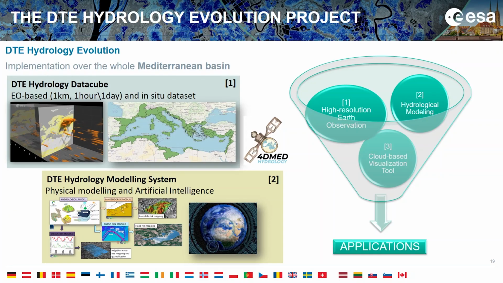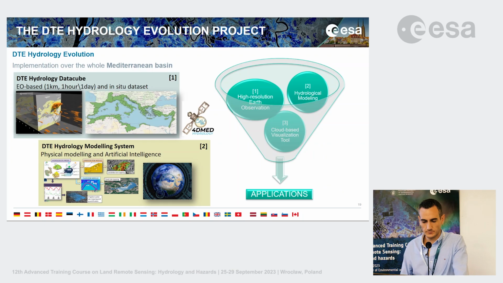I'll try to be a bit faster here because I want to show you the platform. Basically, the second phase of the project was the evolution part. We have still all the components of the prototype, so the data cube, the modeling, the cloud-based platform, and so on. But here, the implementation was carried out over the whole Mediterranean basin. Also thanks to the synergy with another ESA project, the DTE Hydrology project, which is still ongoing.